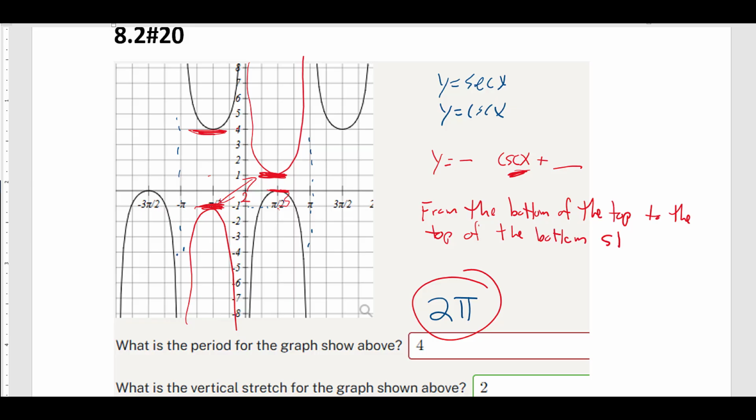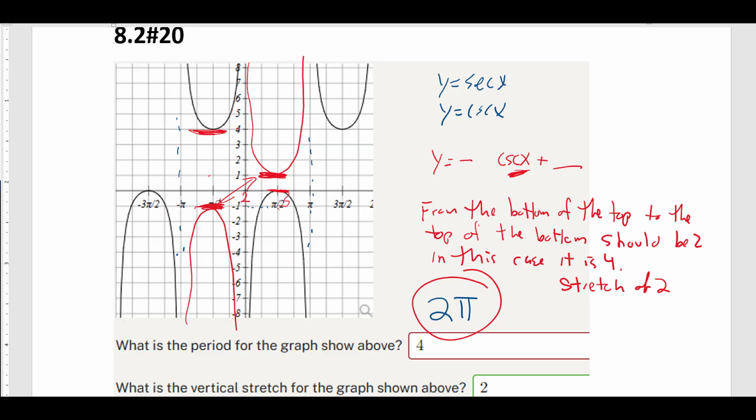That should be 2. In this case, it's 4. So that means there's a stretch of 2.